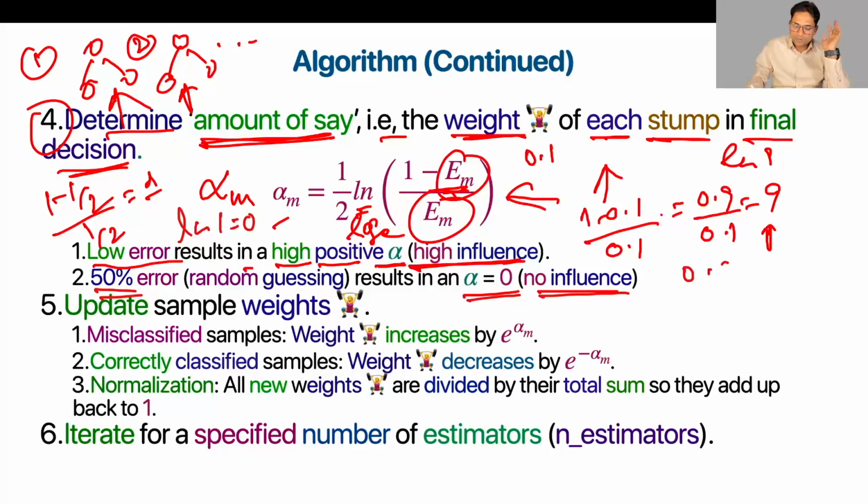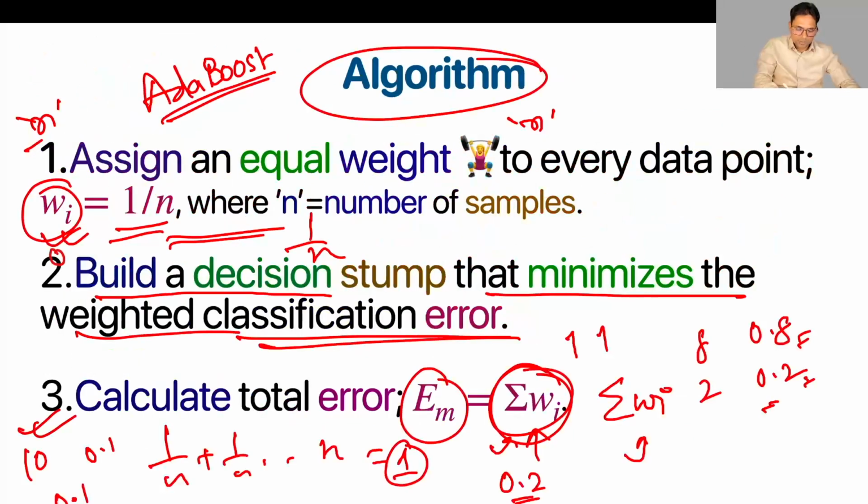The value can go up to infinity: if the error becomes 0, it will be 1 minus 0 by 0, that becomes infinity, and log of infinity is infinity. But ideally there will be some error because these are high bias models. If it is making 50% right, the influence is 0, and it can be negative if it is making even worse than that, but that is not what we are looking for. So anything 0 or above.